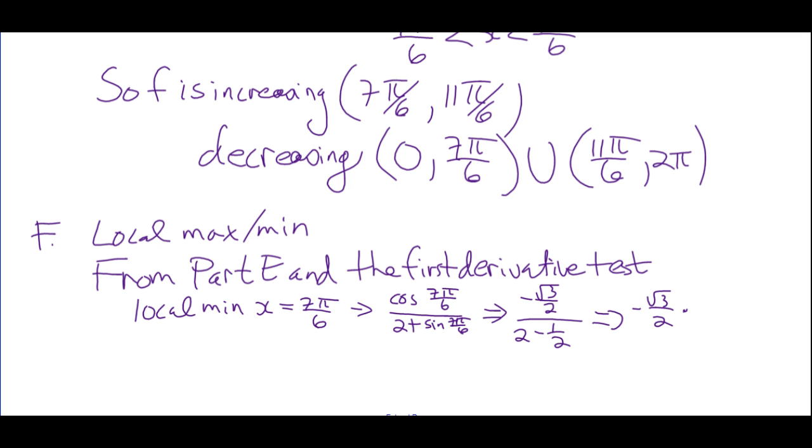So that's going to be negative root 3 over 3. Okay, so a local min at 7 pi over 6, negative root 3 over 3.